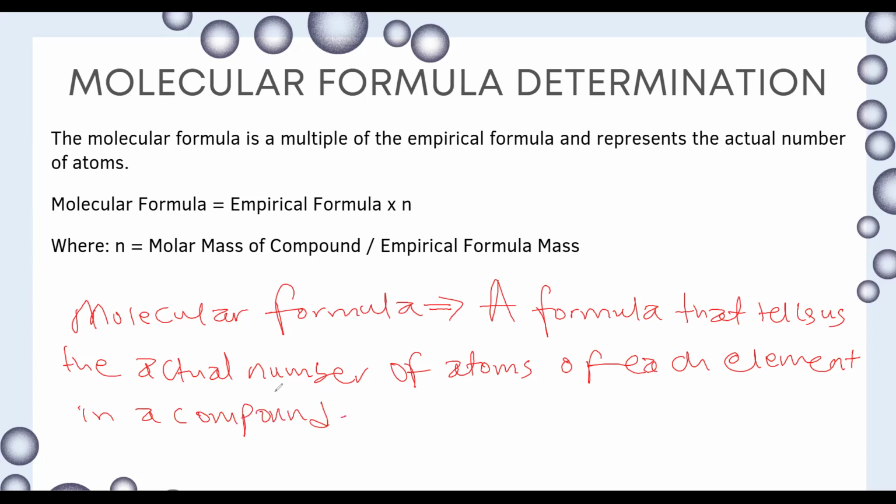Please go ahead and write this down. This definition is very, very important. The molecular formula of a compound is the formula that tells us the actual number, the real number of atoms of each element in a compound.